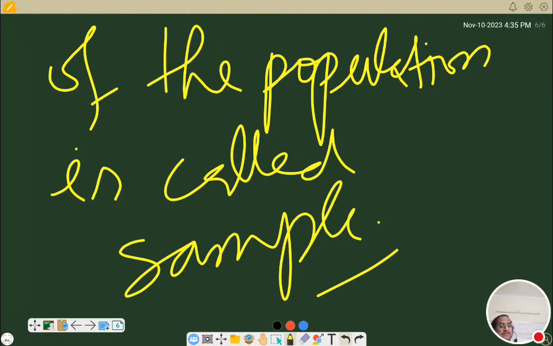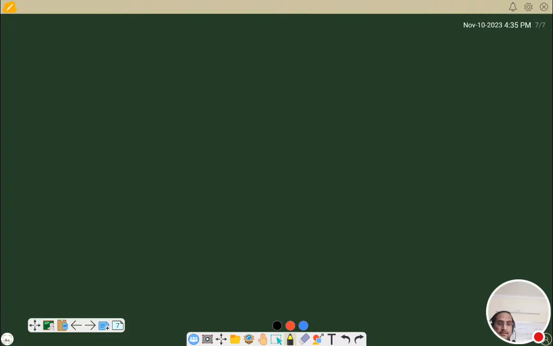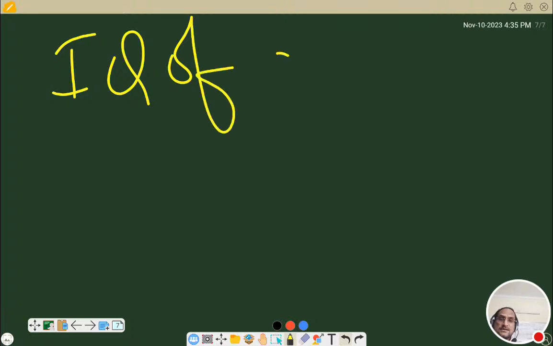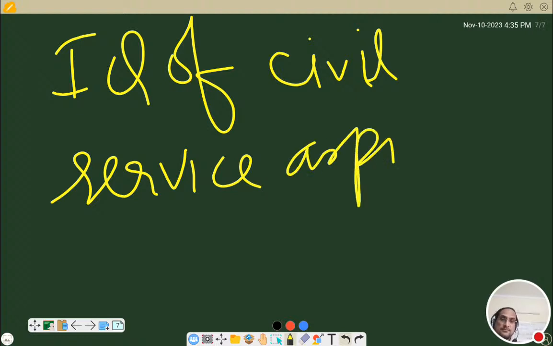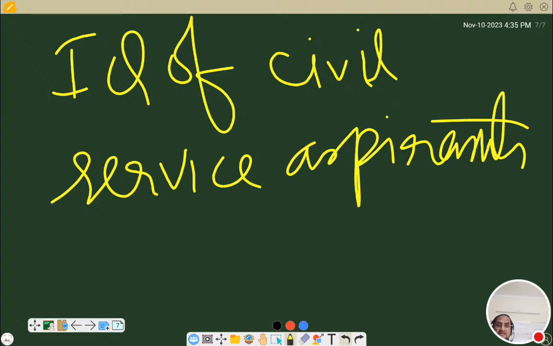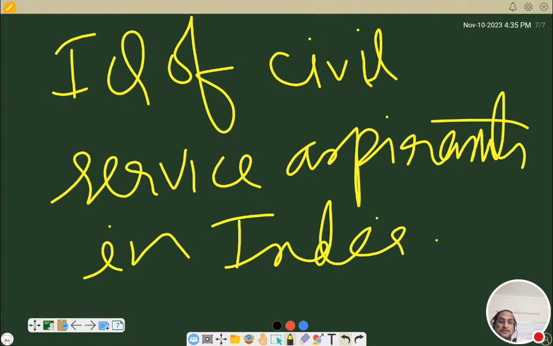Now we'll understand the example. Suppose we want to study the IQ level of civil service aspirants across the country in India. We cannot reach each and every aspirant. That will be very resource intensive.